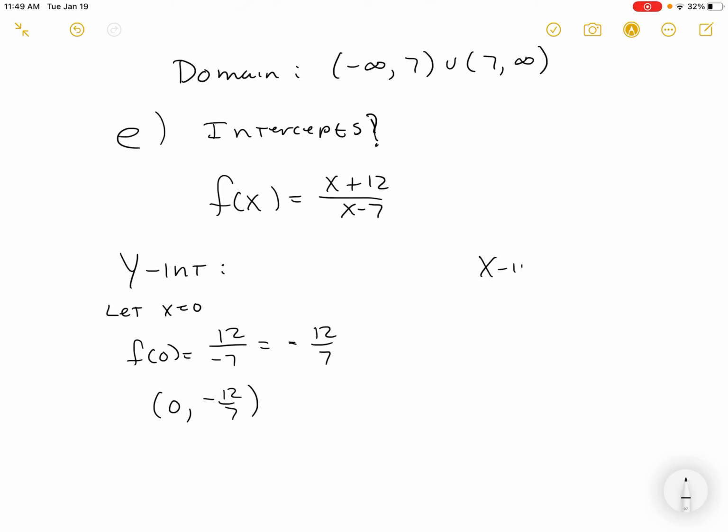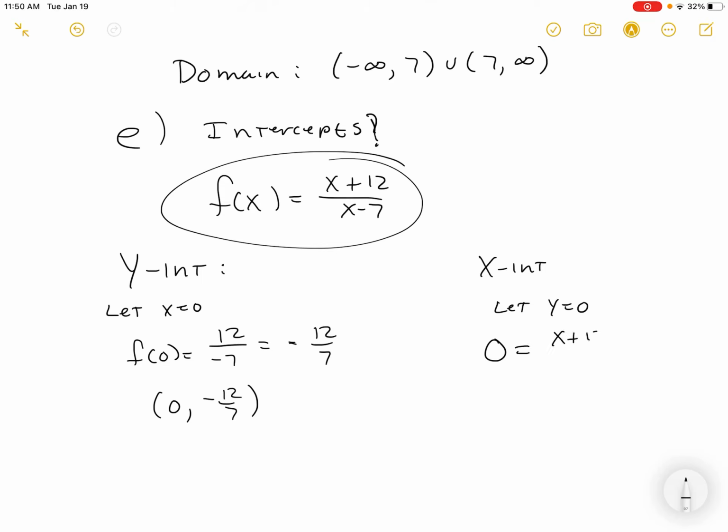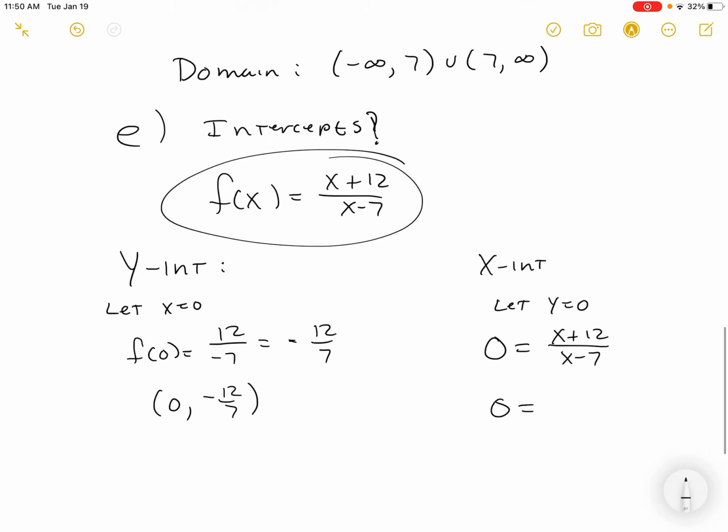What's your x-intercept? Well, you let y be equal to 0. What's y in this function? What's f of x? So you need to find out when 0 is equal to x plus 12 all over x minus 7. Well, multiply both sides by x minus 7, you still get 0 over here. And so it's when x is equal to negative 12.